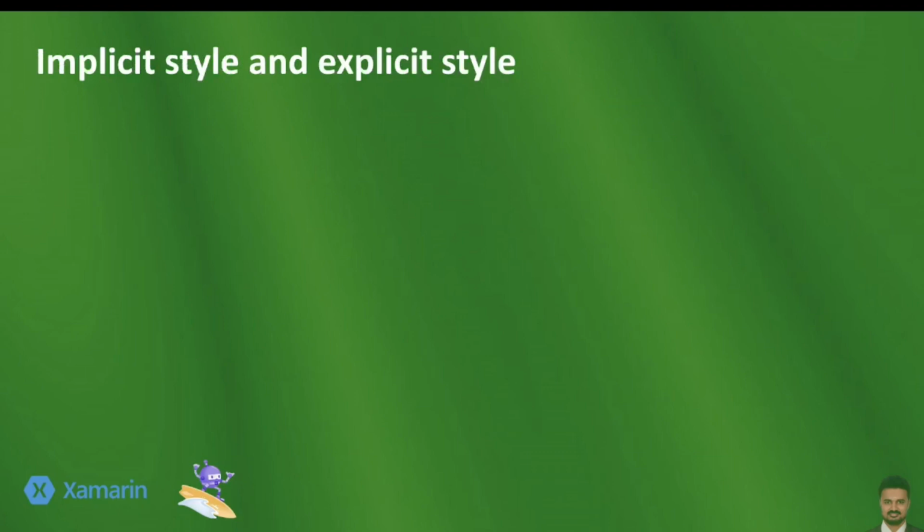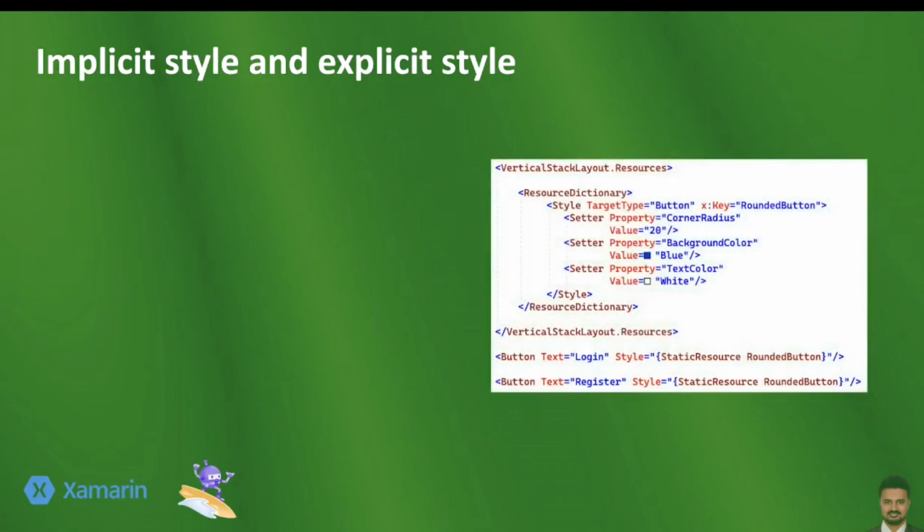Now let's see what is the implicit style and explicit style. In our previous example, we have seen that the style is configured for the button by mentioning the target type and key for the particular style, so that we can use the key to assign the style for the buttons that we need to have the same appearance.